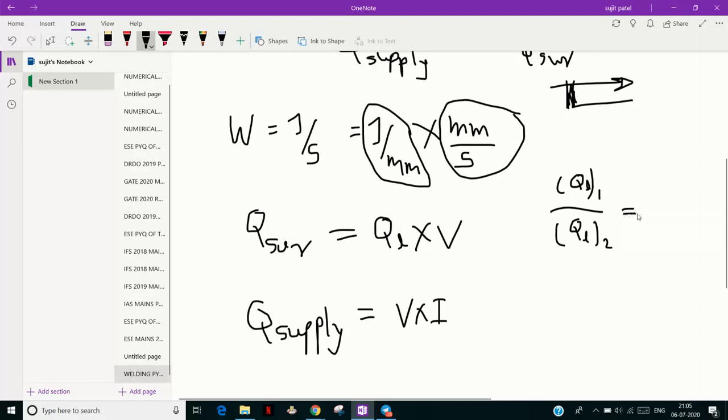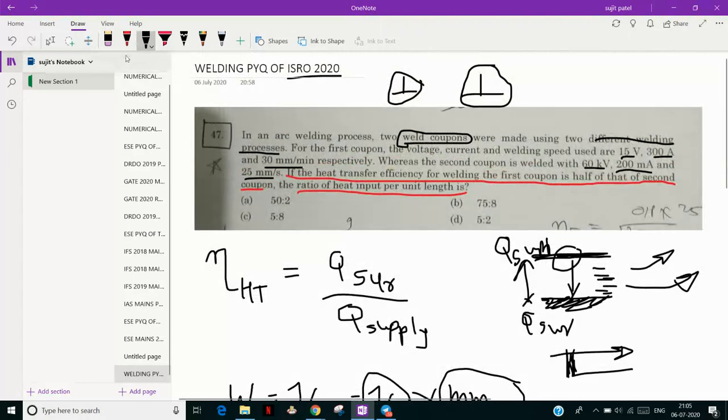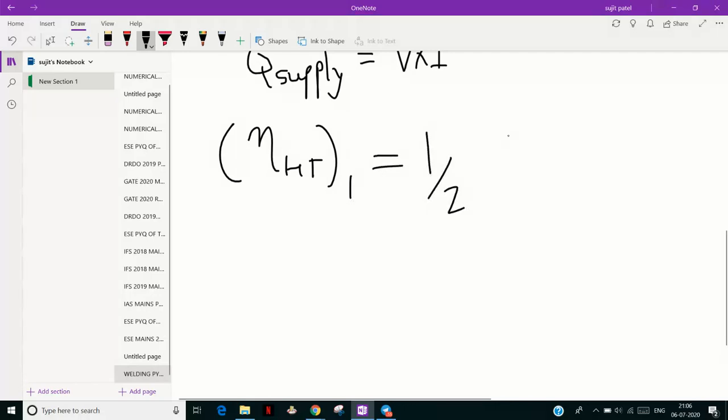For comparison, one statement is given: the heat transfer efficiency of the first coupon is half of the heat transfer efficiency of the second coupon.